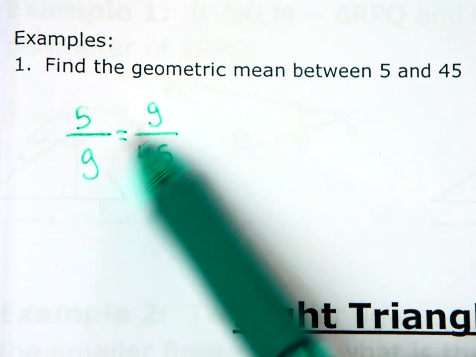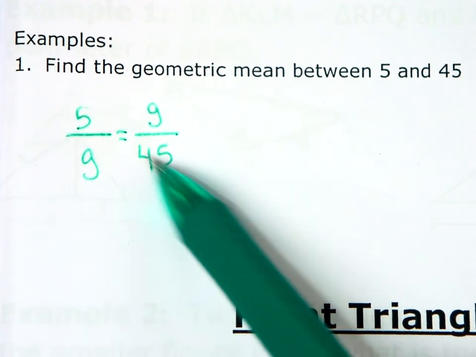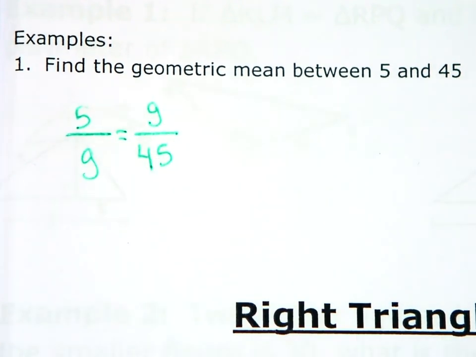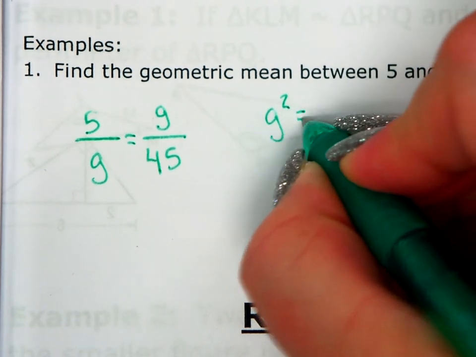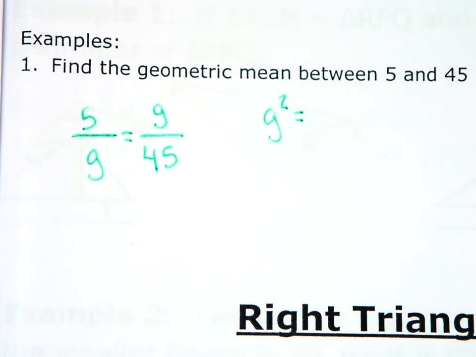You have your geometric means on one diagonal and the extremes of the ends on the other diagonal. Means and extremes. Okay? Not important vocab, just kind of for your information. So we cross multiply and we're going to get G times G, which is G squared. And then 5 times 45.